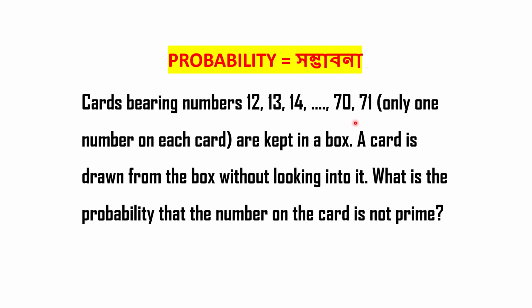12 to 71, one number on each card, and you are pulling out one card without looking, না দেখে চোখ বন্ধ করে একটা কার্ড নিলে প্রাইম নাম্বার হবে না, তার প্রবাবিলিটি। রাইট, লেট আস সি.